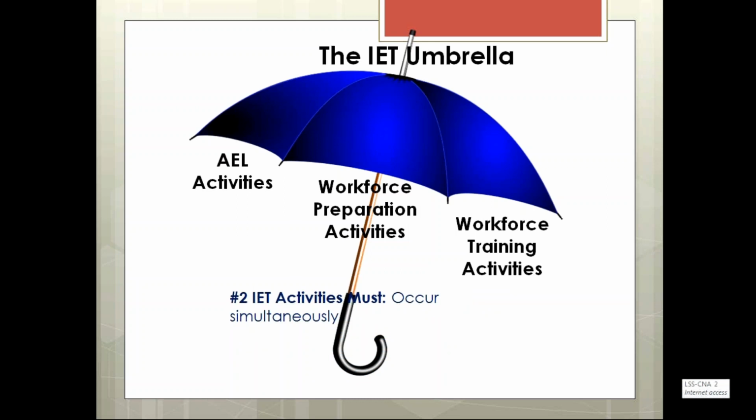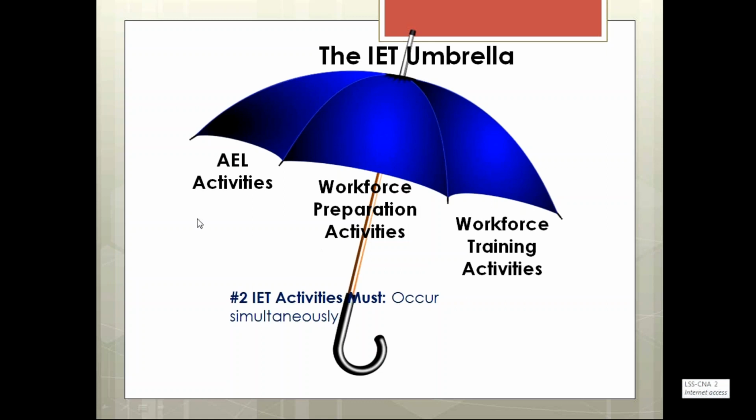So students are co-enrolled. It could be one class that has all these components, or it could be 2 or 3 separate classes happening during the same time frame, but those students are co-enrolled. So for example, we do have students that are enrolled in all 3, but they're separate classes.